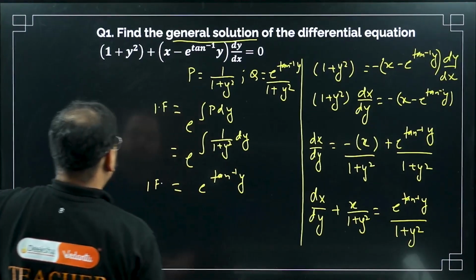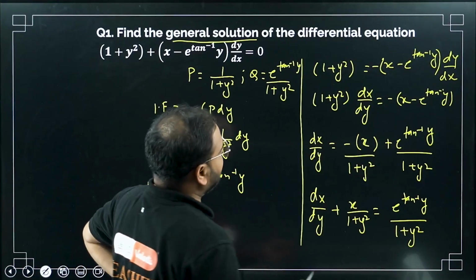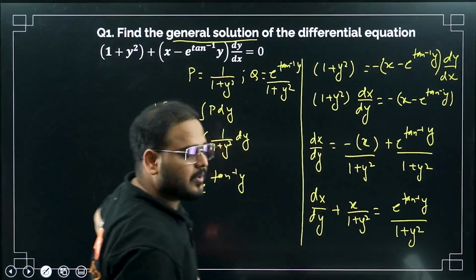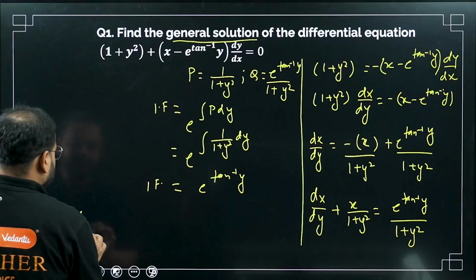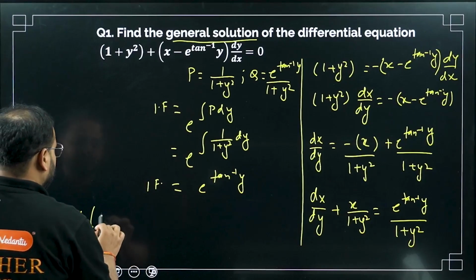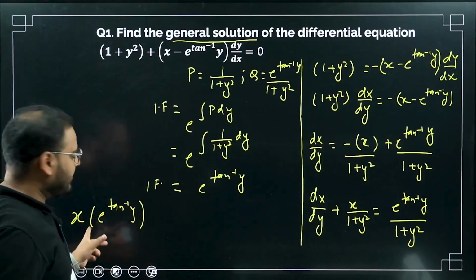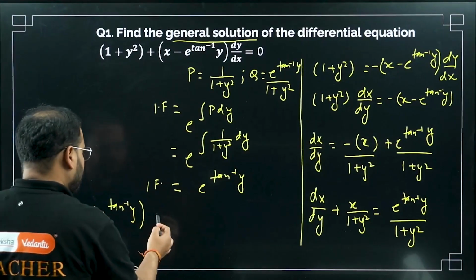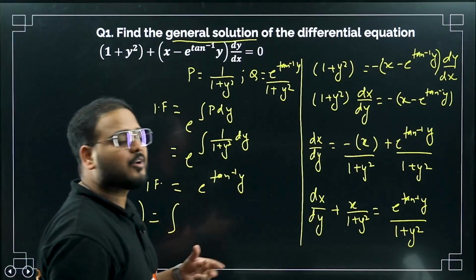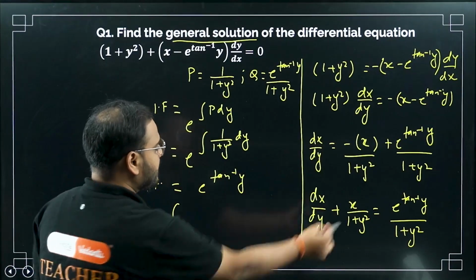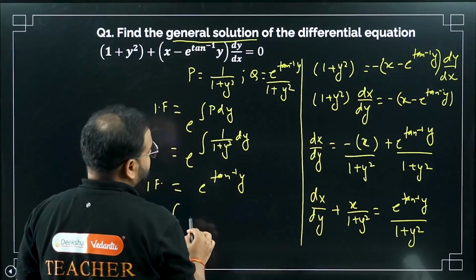Now I'm going to use this IF to write my solution. Since x is the dependent variable here, my solution will look like this: x times IF, so e power tan inverse of y, equals the integral of q times IF. What is q? Please check over here.